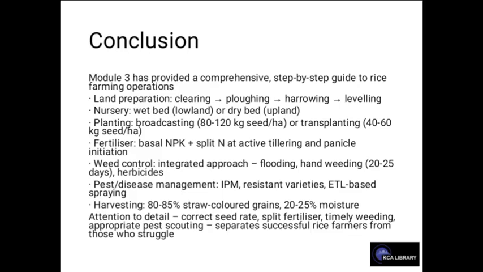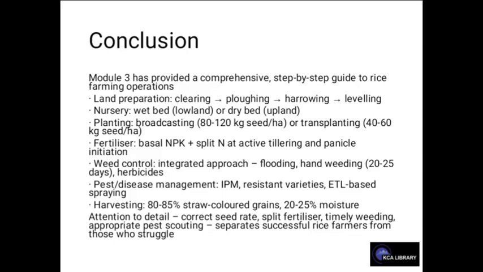Weed control, integrated approach: flooding, hand weeding at 20 to 25 days, and herbicides if needed. Pests and diseases: integrated pest management uses resistant varieties and spraying only when economic thresholds are reached.